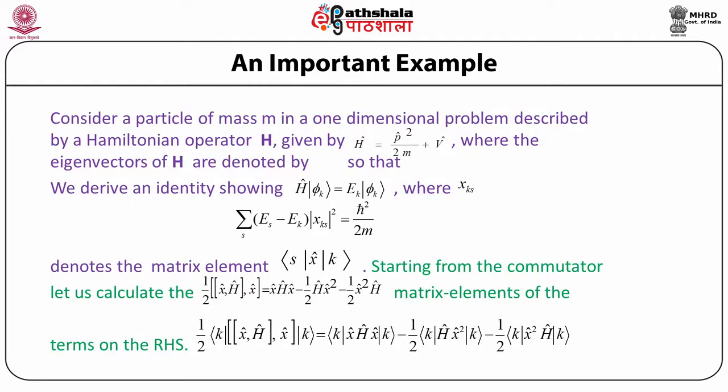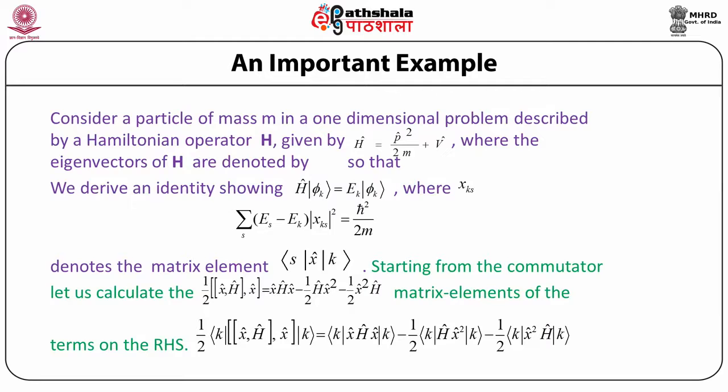Half commutator of x and h with operator x is equal to operator x, operator h, operator x minus half operator h, operator x square minus half operator x square, operator h. Now let us calculate the matrix elements of the terms on the right hand side.